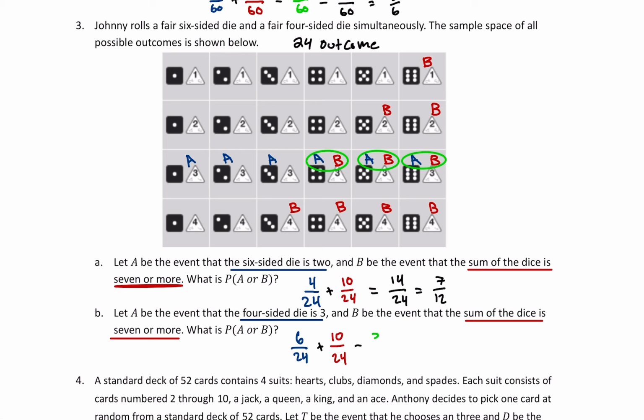They have 3 out of the 24 that they share. So 10 plus 6 minus 3 gives us 13 out of 24. And that's it. So that one had that extra step because we shared a couple of boxes.